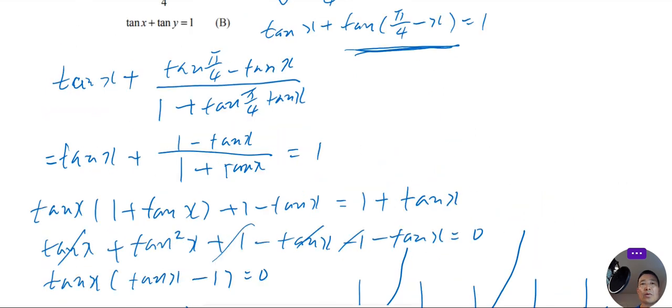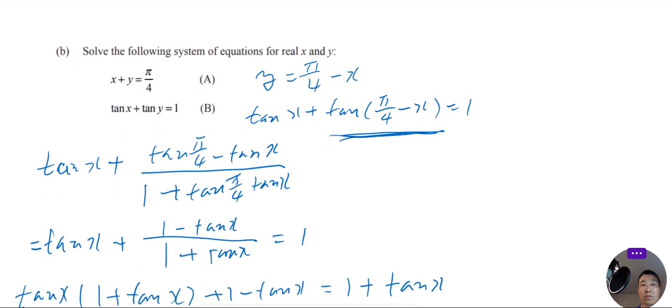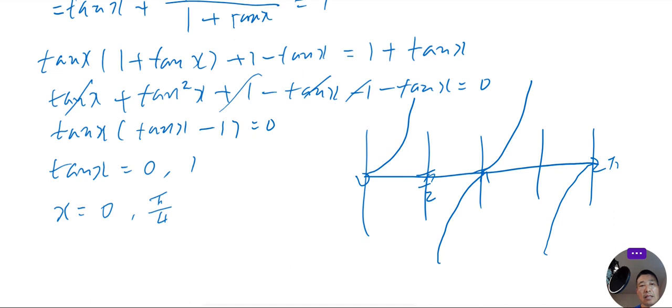So these are particular solutions. However, according to this question, it is not asking you to find the particular solution, but the general solution. Because tangent x is a periodic function, we have to generalize this. So you see, 0 repeats every pi, and negative pi as well, negative 2 pi, and so on.